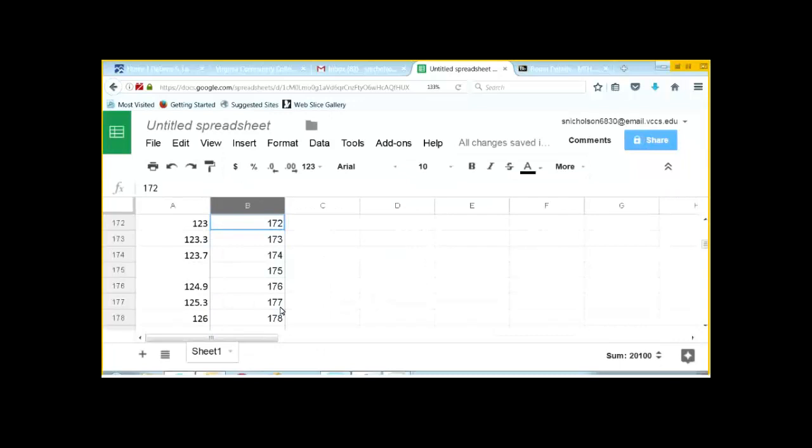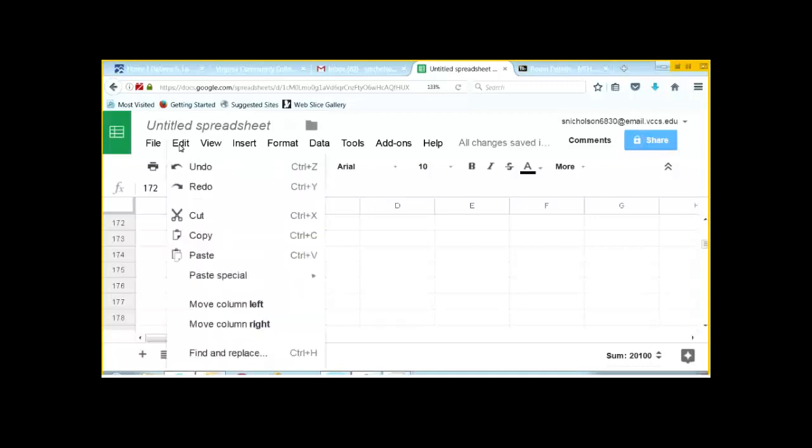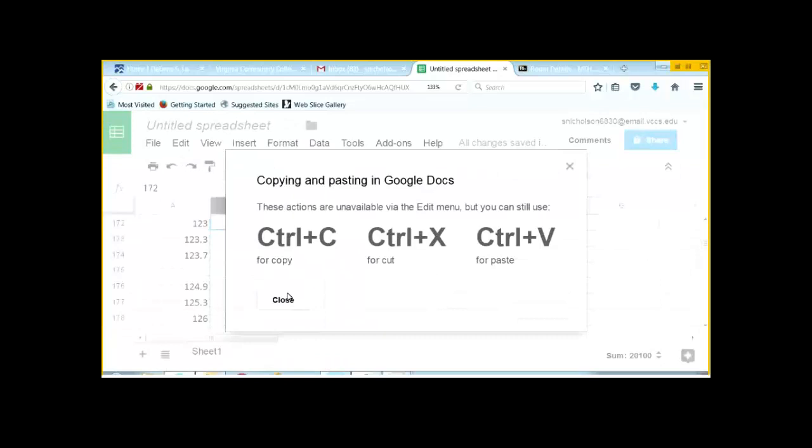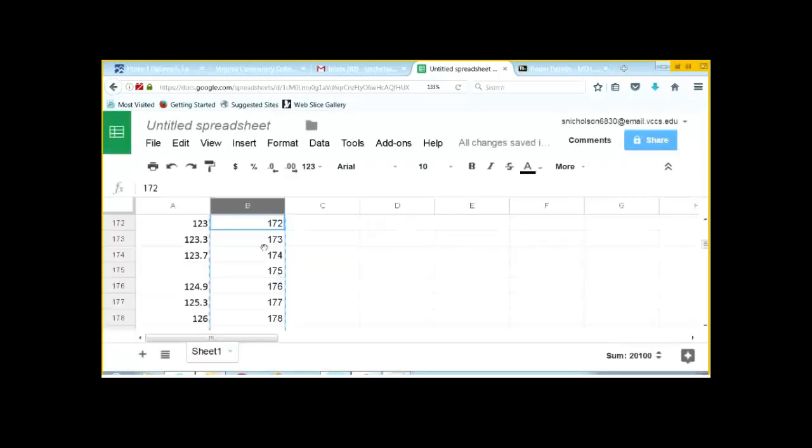Control X. Actually, I want to delete, edit. Okay. I did that. Oh well, I'll fix it in just a second. I'll do the brute force way.